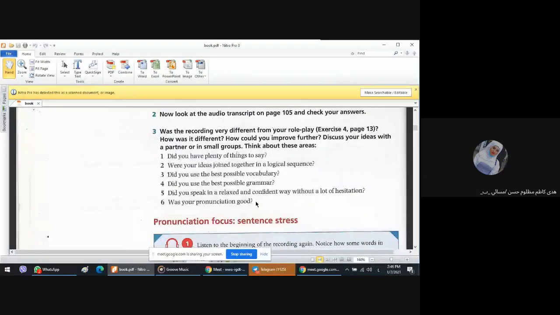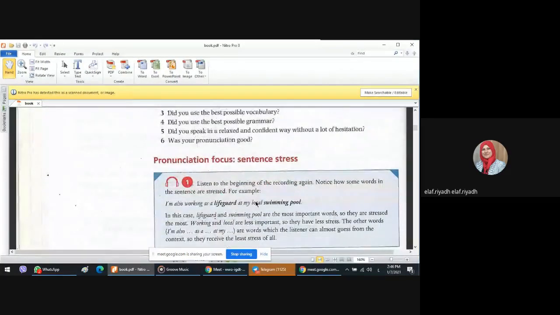Now we have in pronunciation, focus, sentence stress. Here you know that in the bold sentence or bold word, you have stress.